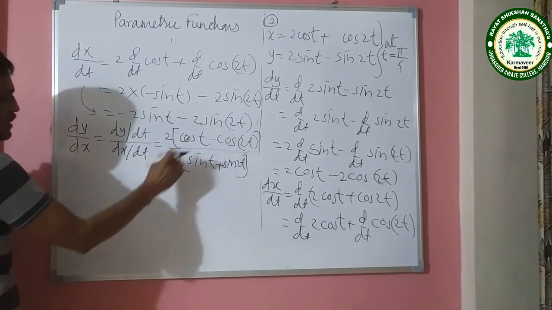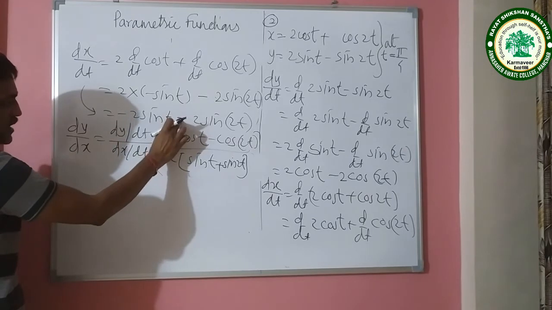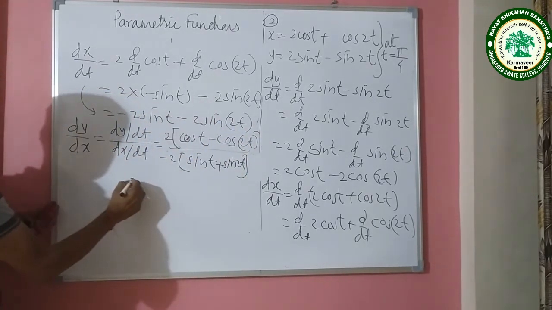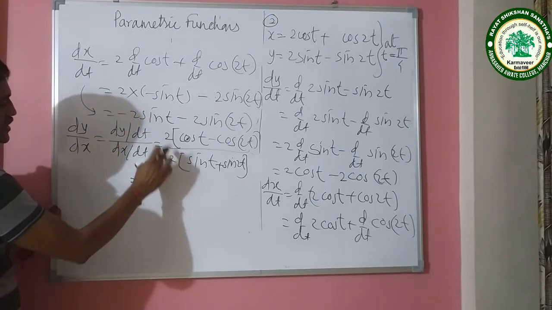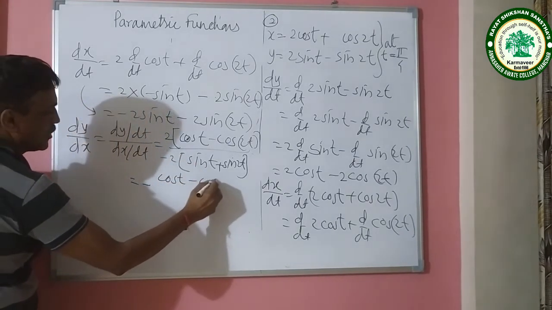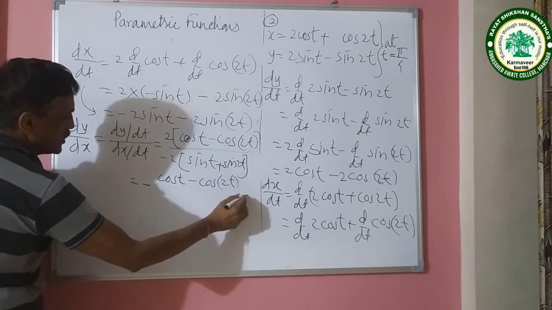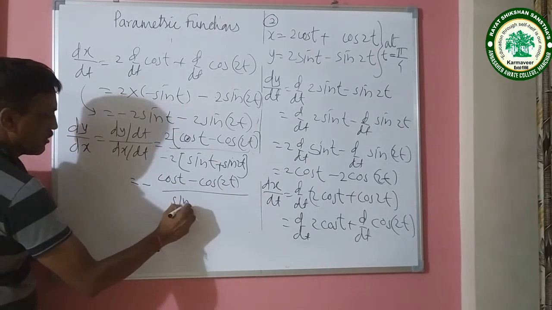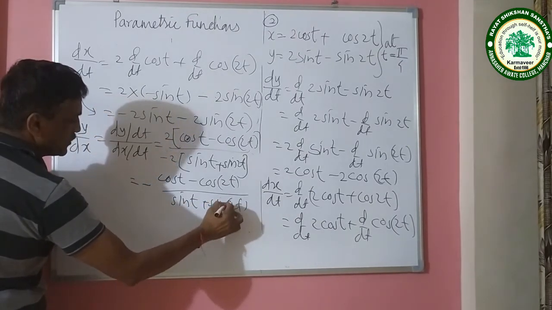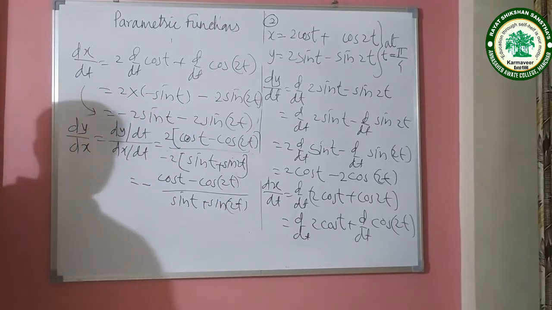Minus 2 common is taken out, sin t, minus becomes plus, plus sin 2t. The 2s will get cancelled. So what remains? Minus cos t minus cos 2t upon sin t plus sin 2t.